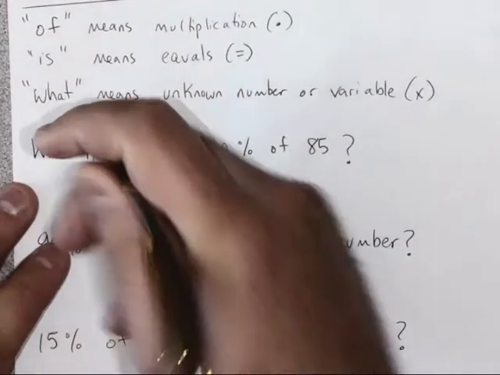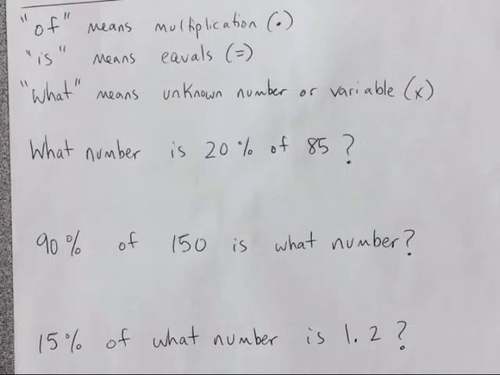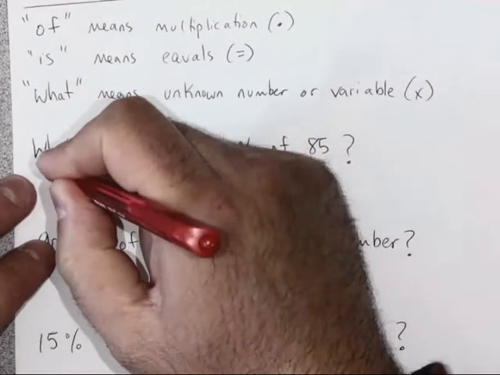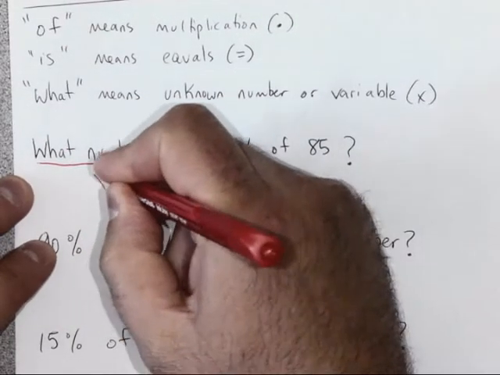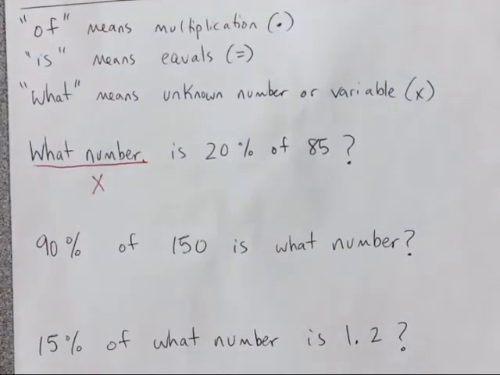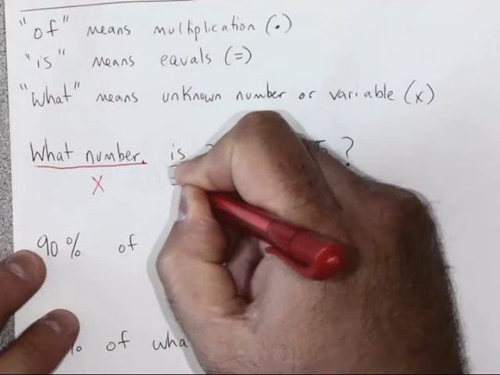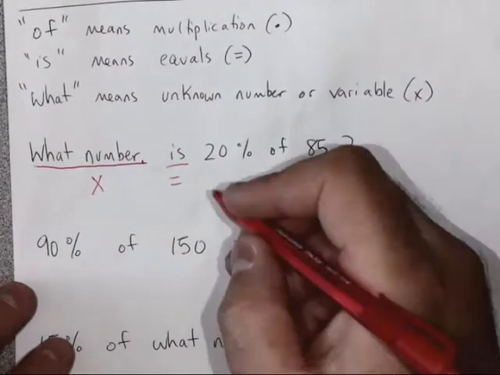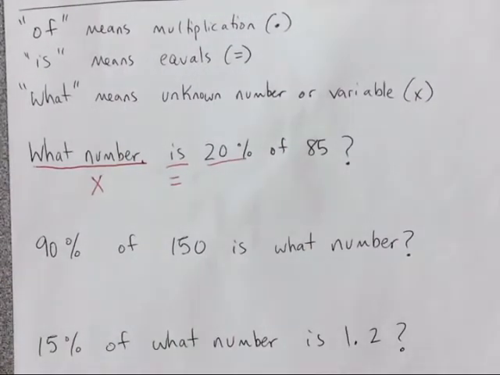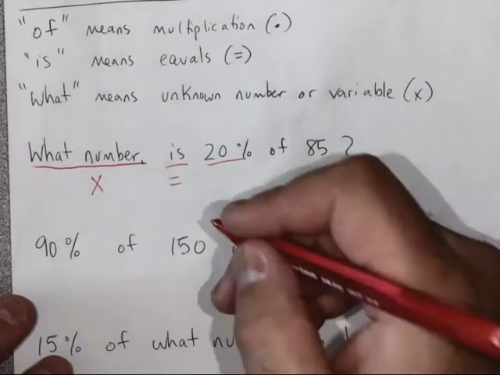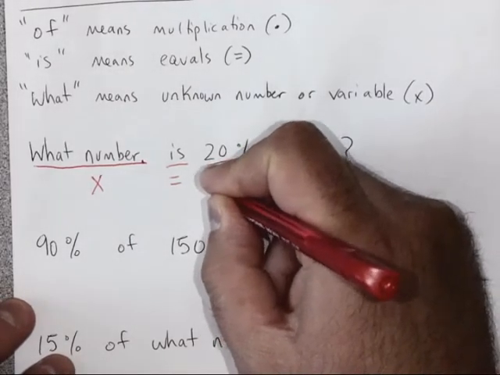So what number, so that's x, that's our variable, that's equals. 20%, we want to write that as a decimal. So we want to convert all the percentages into decimals when we use these types of equations.